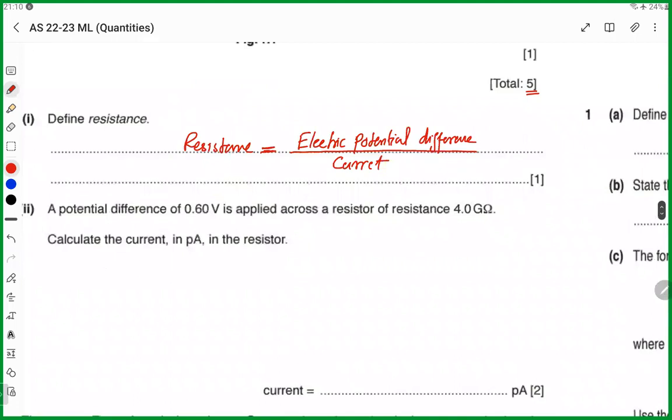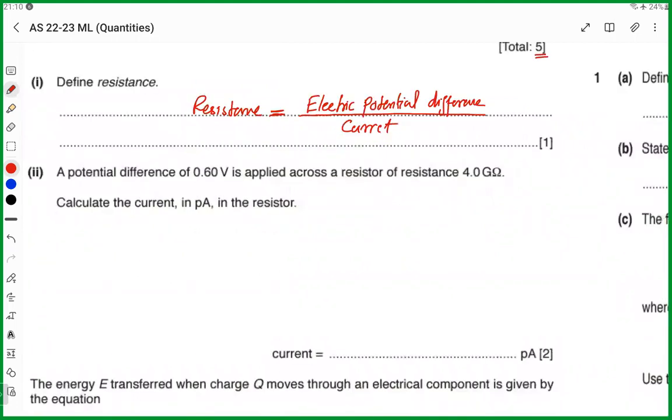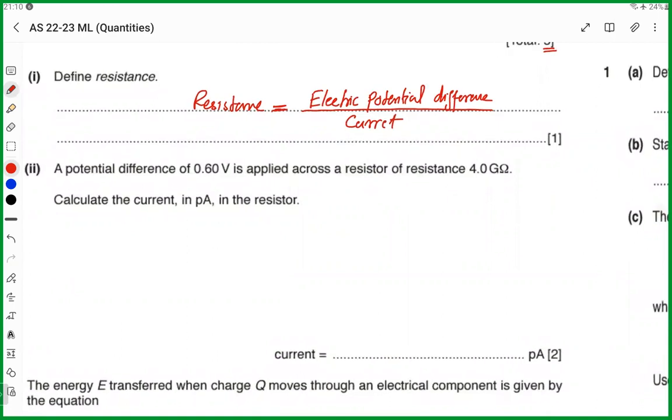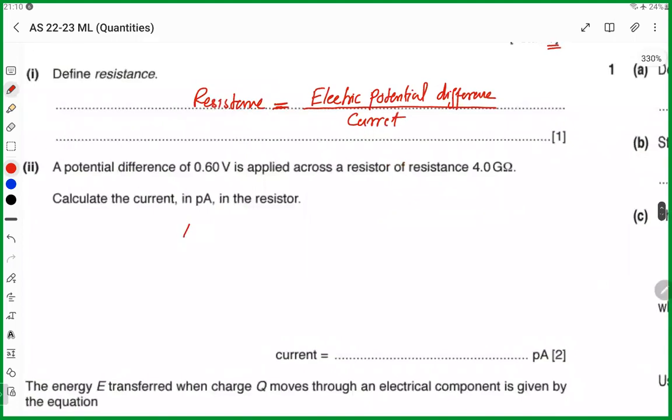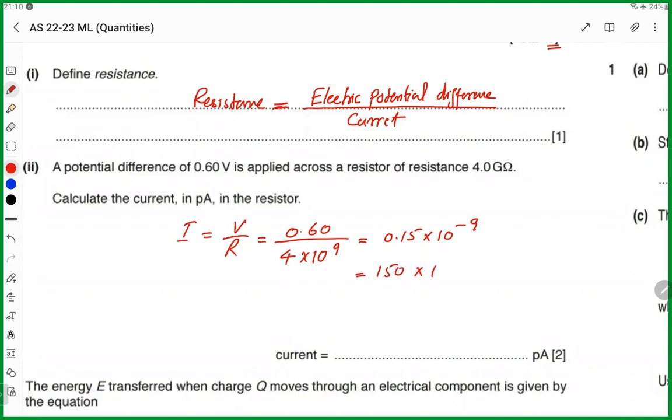The potential difference 0.6 volt is applied across a resistor of resistance 4 giga ohm. Calculate the current in picoamperes. I equals to V over R. So 0.60 divided by 4 into 10 to the power 9. 0.15 into 10 to the power minus 9. 150 into 10 to the power minus 12.